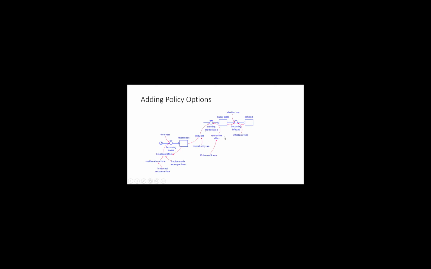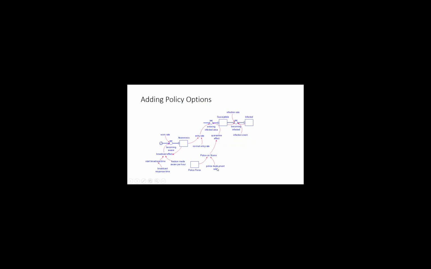We can also quarantine the area by sending police or responders out there to try to block entrances and exits so people don't spread beyond the limit. And how well we do that is going to be based on the size of our police force and how fast we can deploy those police. And we are going to start doing that at some certain time that is going to be based on our response time.